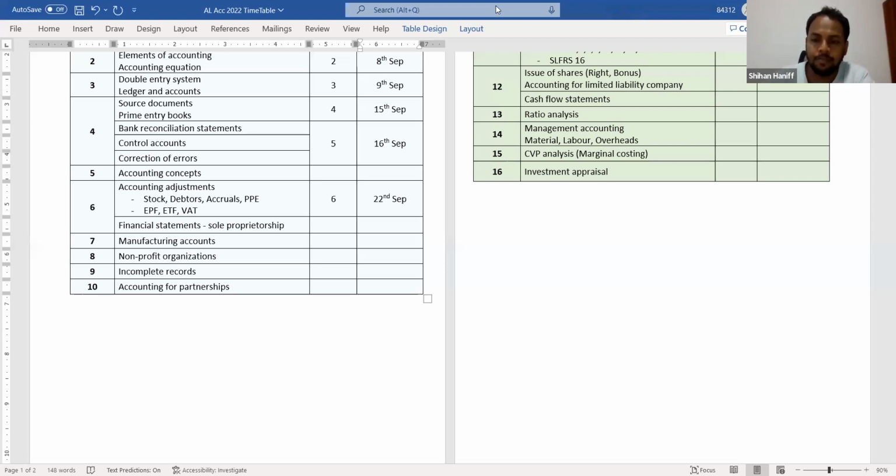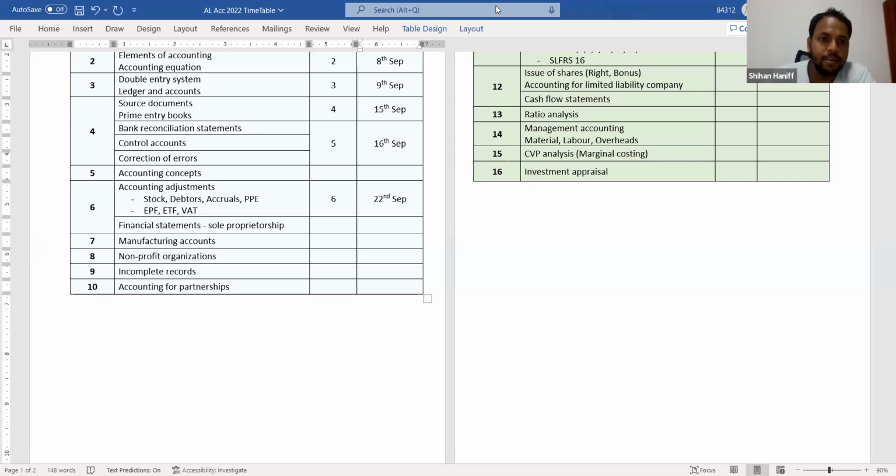Preparation of financial statements. There are 5 important components of financial statements. Number 1, the statement of profit and loss, which is the income statement, and the statement of financial position, which is called the balance sheet.